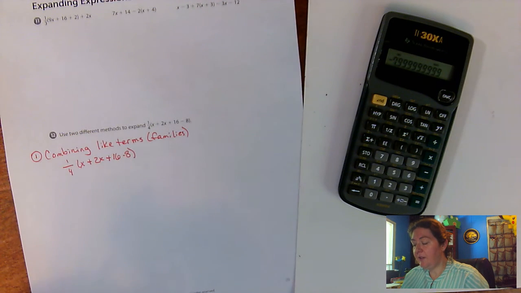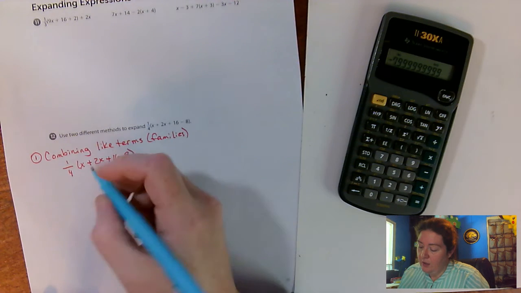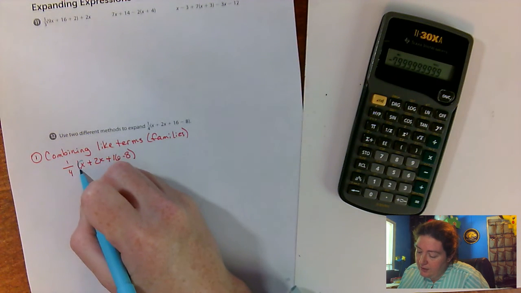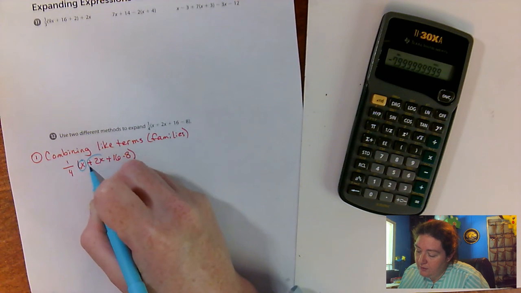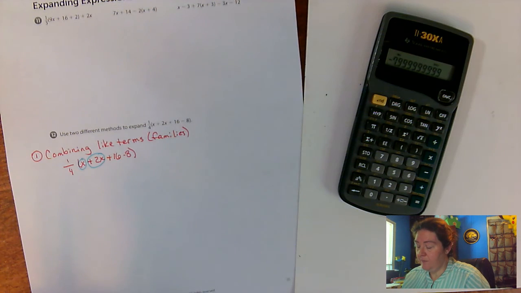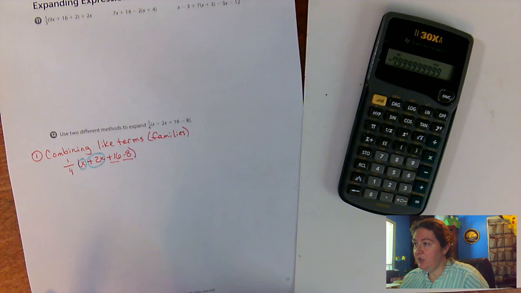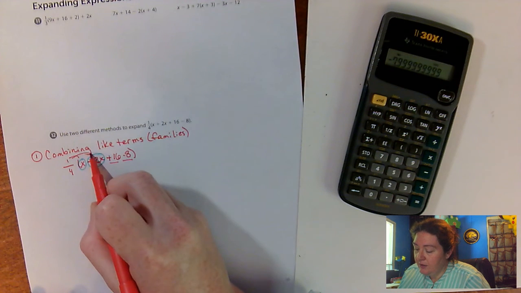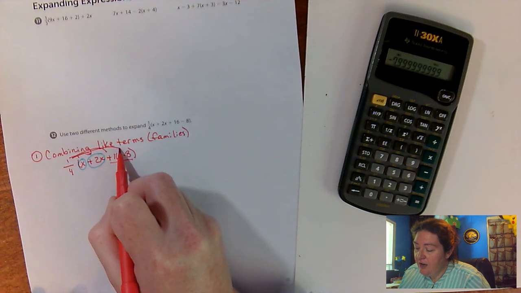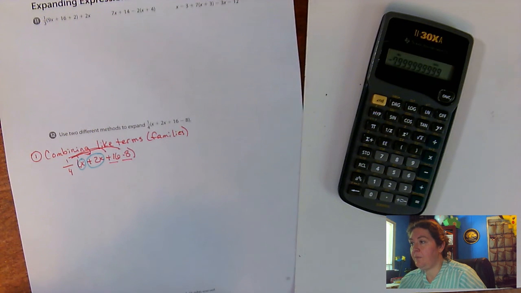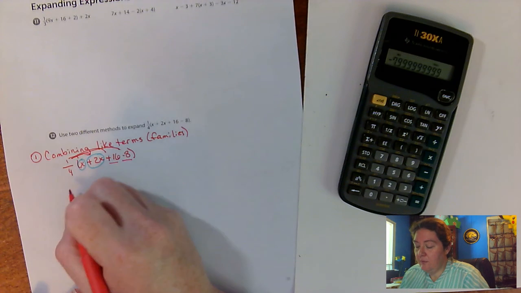I want to go through here and find my families. I've got X family, and I've got plain Jane family, plain Jane family. And I know that I've got to steak dinner everything in there. But I'm going to combine my like terms first.